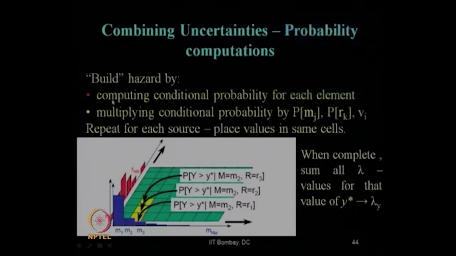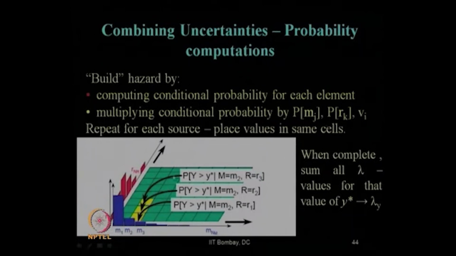That is why, as we just mentioned, each will give you the hazard by computing this conditional probability for each element: r equals r1 with m2, r equals r2 with m2, r equals r3 with m3. These are the boxes where you get the conditional probability.